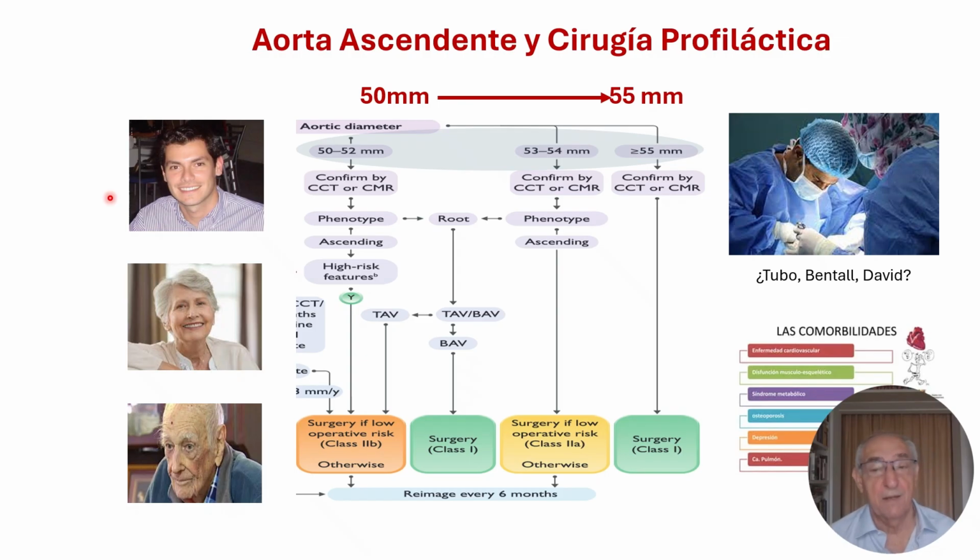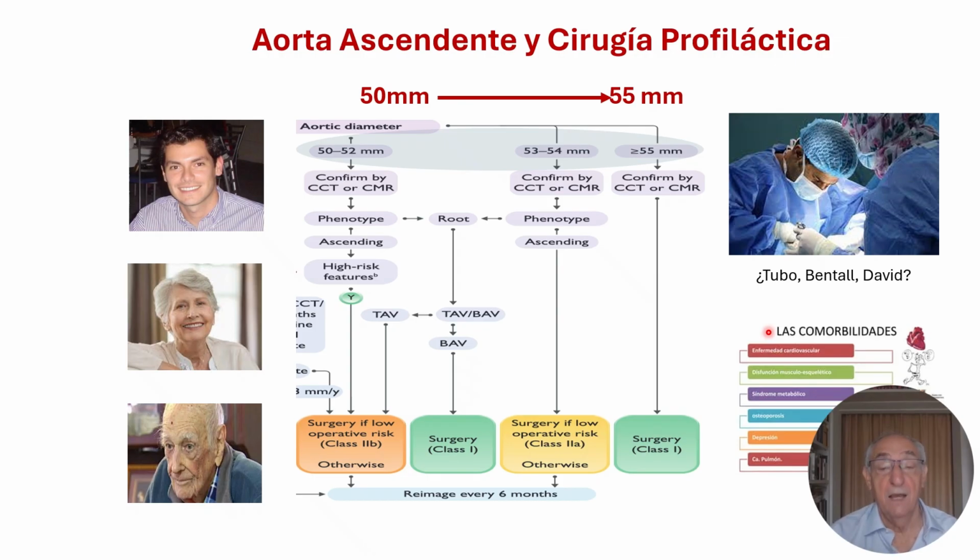And on the other hand, also consider, which is very important, their comorbidities, because comorbidity for a surgery that is preventive to avoid a problem is not an aortic stenosis that we know there is no escape, but rather we are trying to prevent an issue.